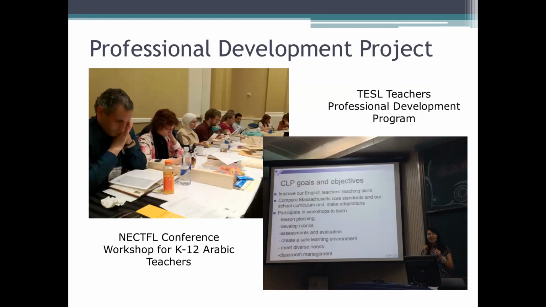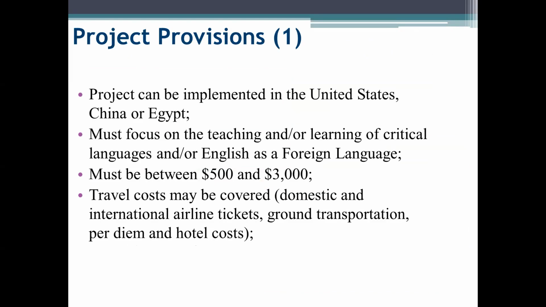In her final report, she shared that nearly 1,000 teachers and 5,000 students benefited from this professional development CLP. So you can see that the further the funds will go, the more likely the project will be to get funded.